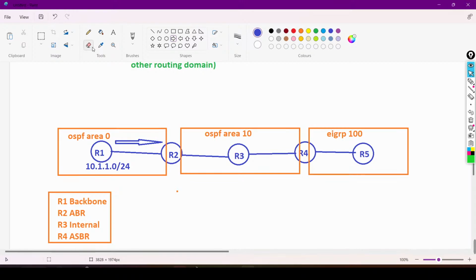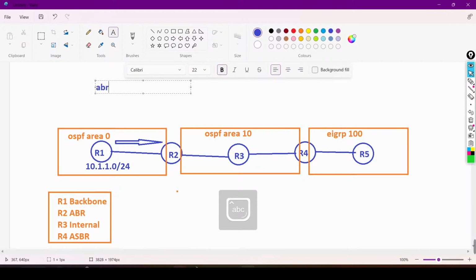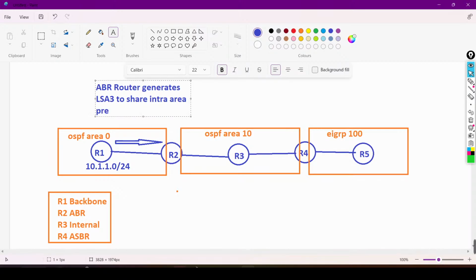So guys, always keep in mind, an ABR router generates LSA 3 to share intra area prefixes. Done?